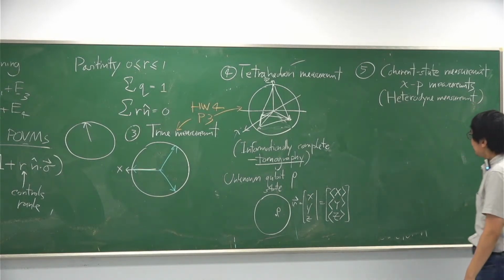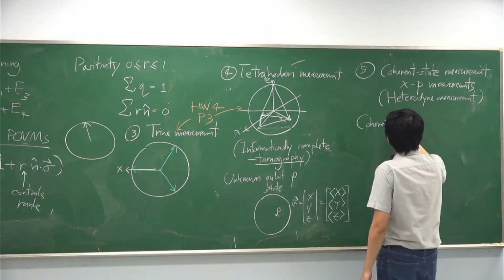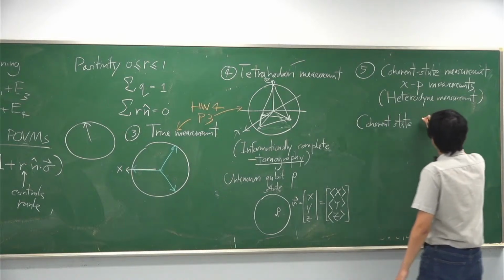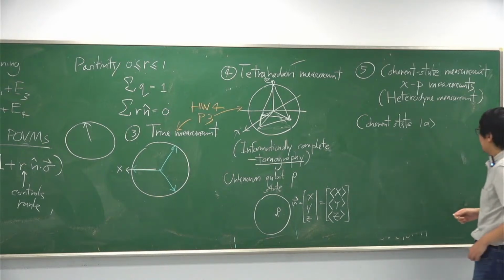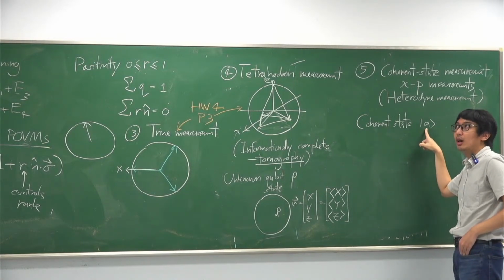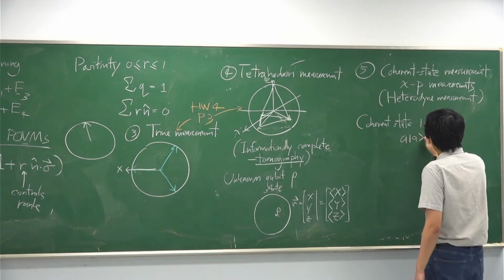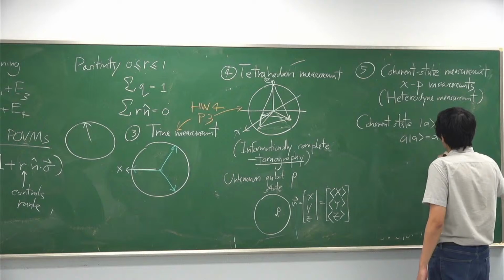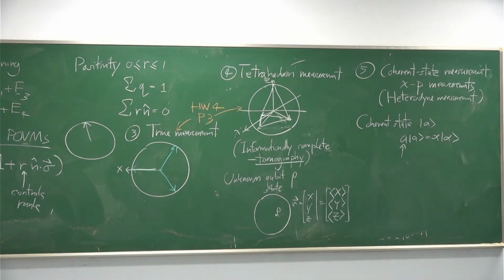Coherent states alpha are a set of states, infinitely many of them, labeled by the eigenvalues of the annihilation operator. And recall, well, I have to look up the constant.